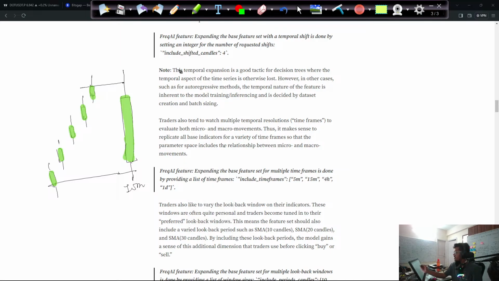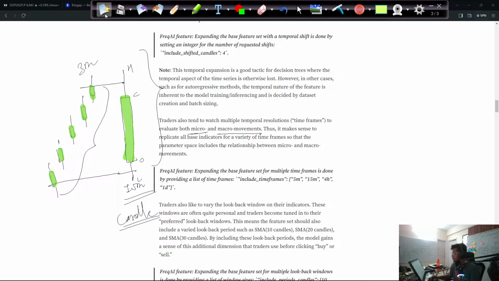Now we are capturing more data from this perspective: this is open, this is close, this is high, this is low, and we have added all these 3 minute time frame candles and are just representing them with 15 minute candles. So that's basically capturing your micro and macro moments as well. So there's that.